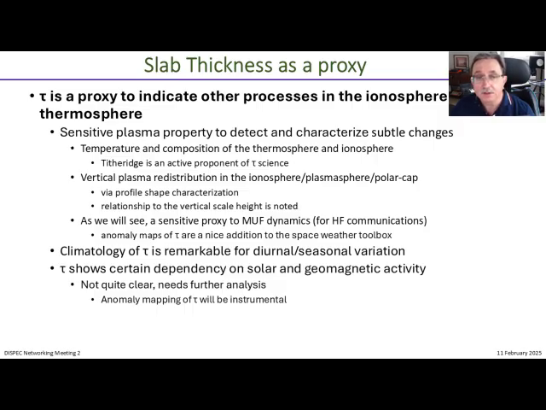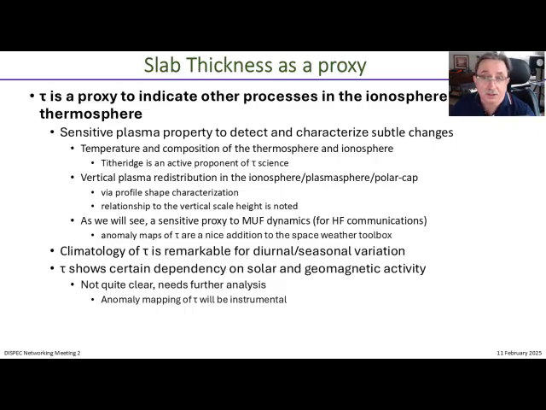We found out that it is sensitive metric to detect and characterize subtle changes in plasma. In fact, Professor Dietrich was an active proponent of tau science, suggesting its strong relationship with temperature and composition of the thermosphere and the ionosphere.